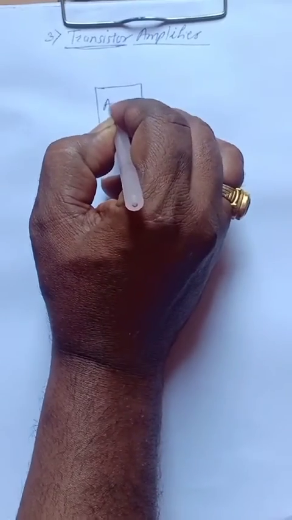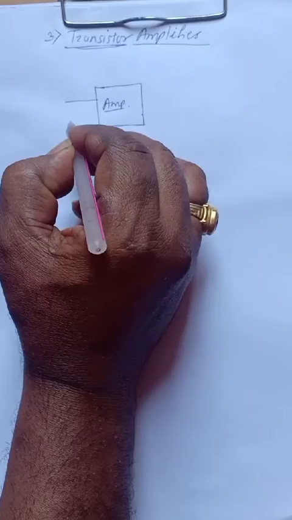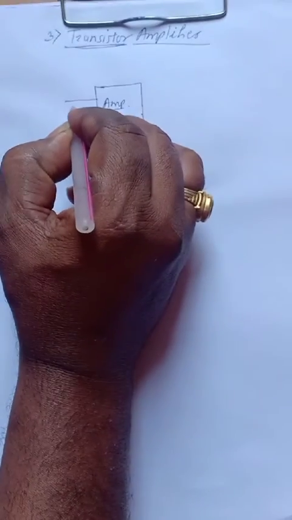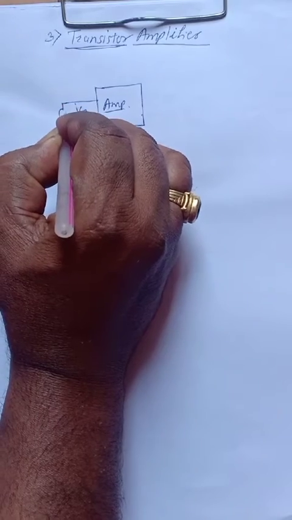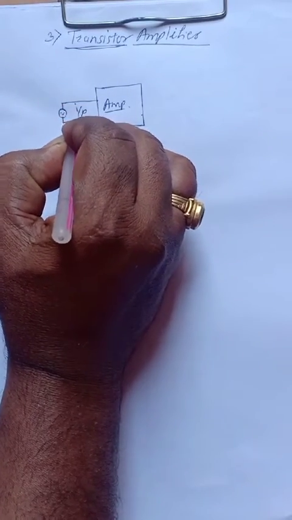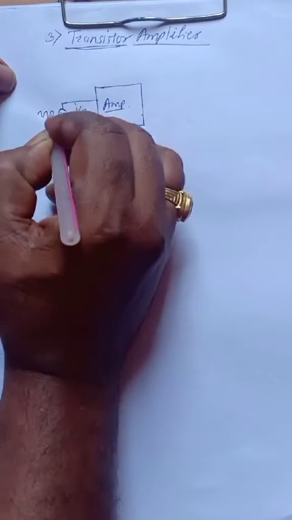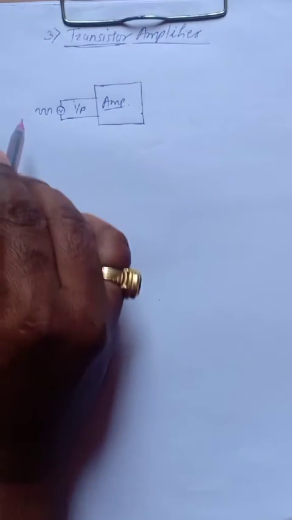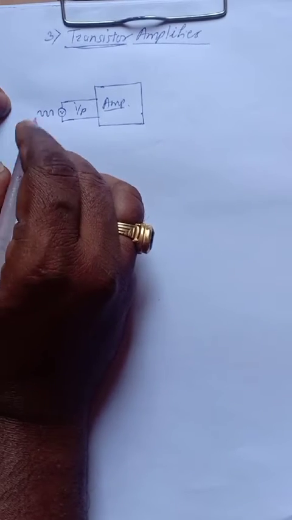This amplifier is a circuit which amplifies the weak signal that is applied to the input of the amplifier. A weak AC signal means the signal which has low amplitude. That means the voltage of this input signal is low.